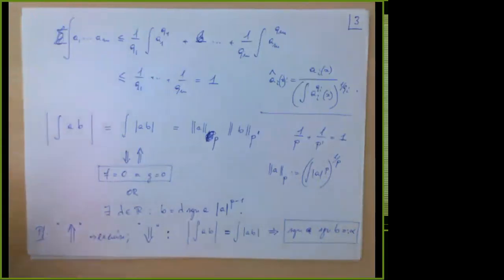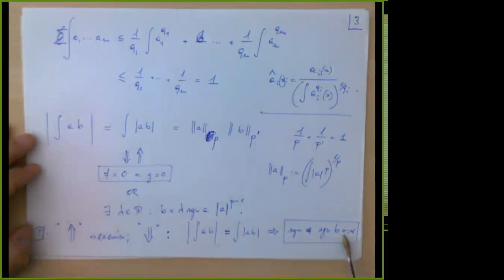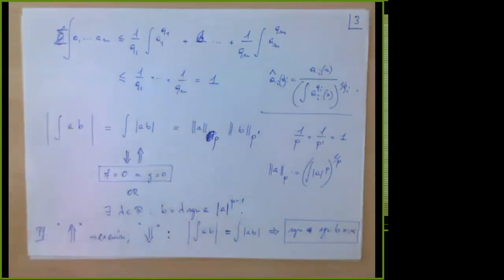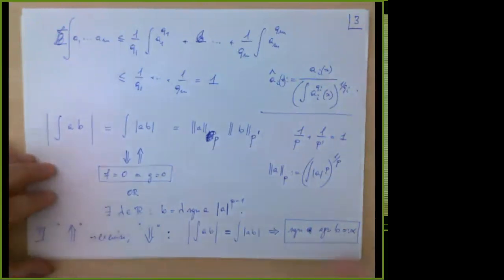Suppose that there exists an open set where this sign is different from the sign somewhere else, and construct a counterexample to the identity. Okay, so you will see that this implies this fact.